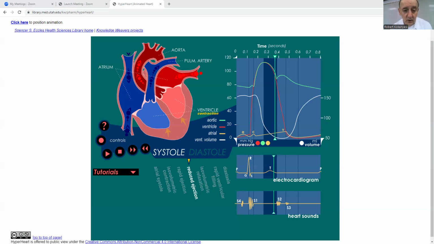From the electrophysiological point of view, this is atrial depolarization. The cells are contracting. In about 100 milliseconds, the nerve impulses go to the ventricles, and then the QRS complex represents ventricular contraction. This is also ventricular depolarization.